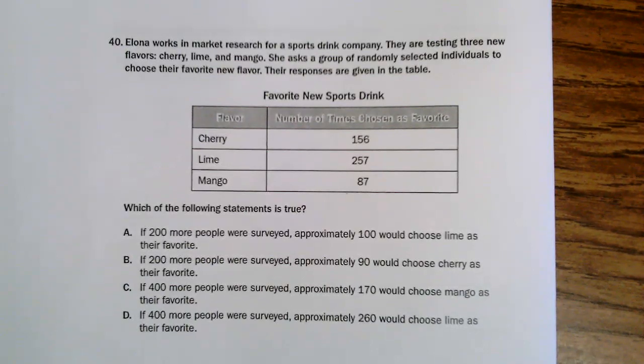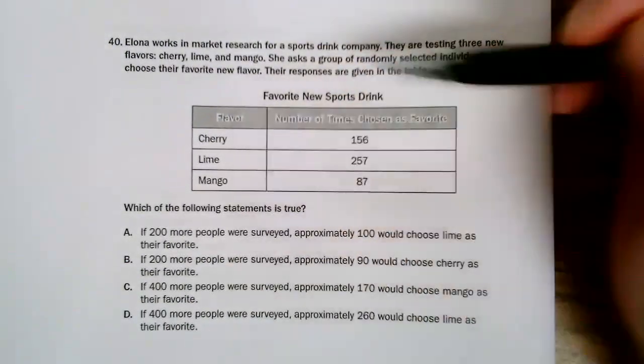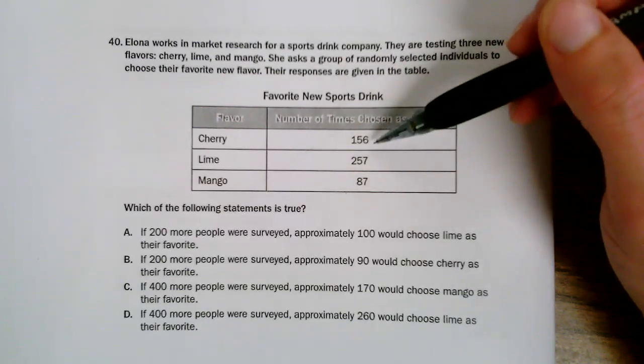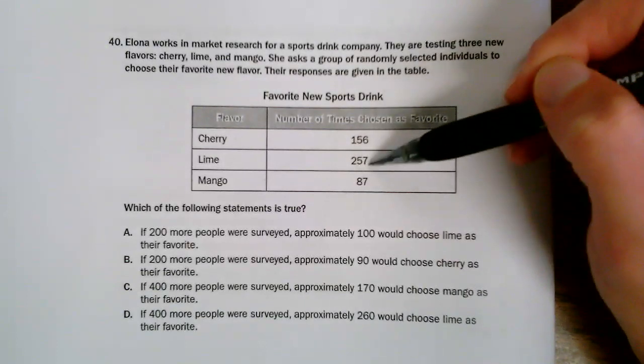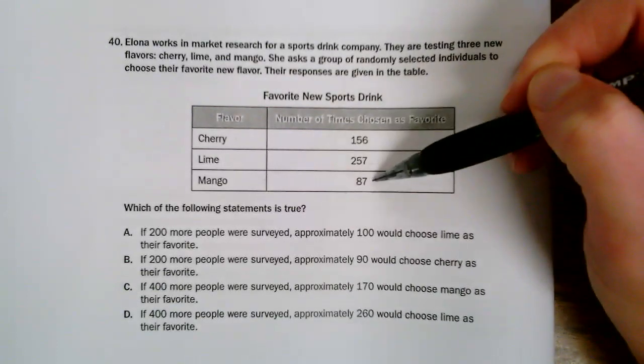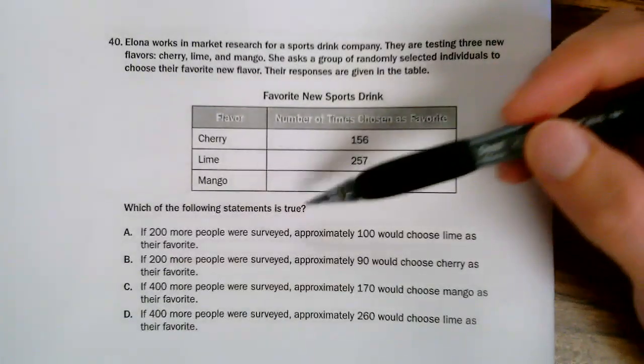She asks a group of randomly selected individuals to choose their favorite new flavor and records their responses. Okay, so we got different flavors, cherry, lime, and mango. And we can see from this table that lime was the most popular, it had the most votes, and mango was the least popular because it has the smallest number here. Okay, so we have some different choices here to see.